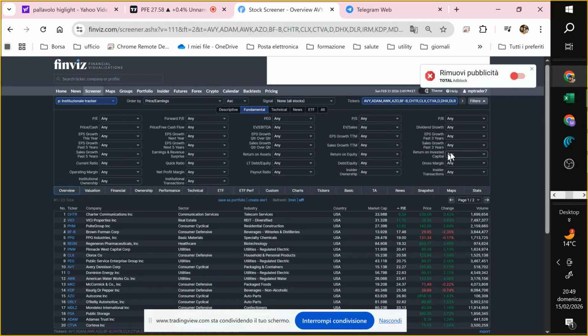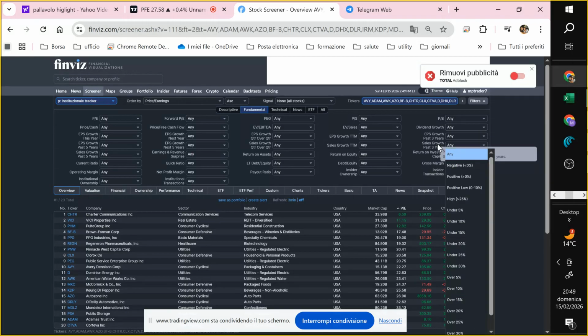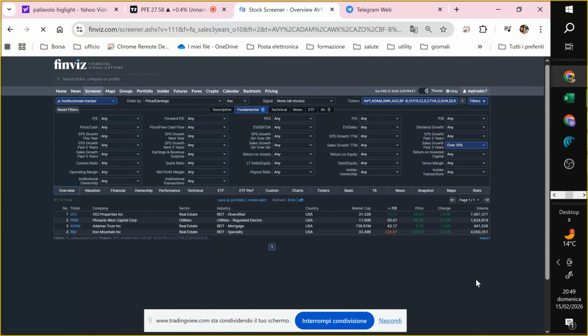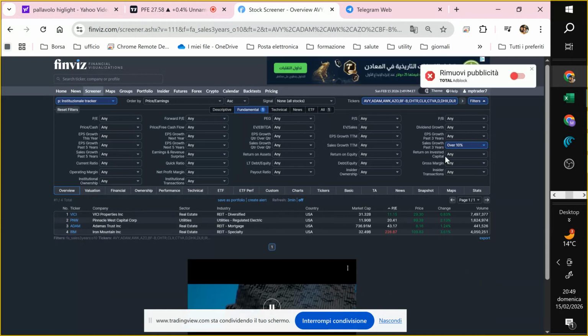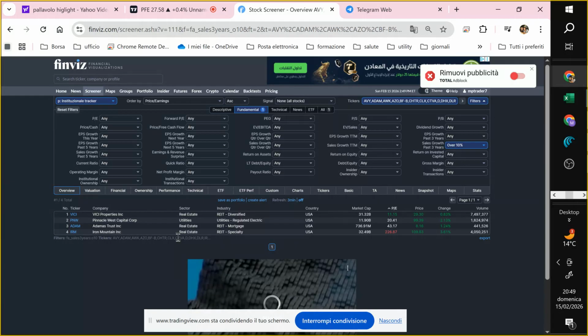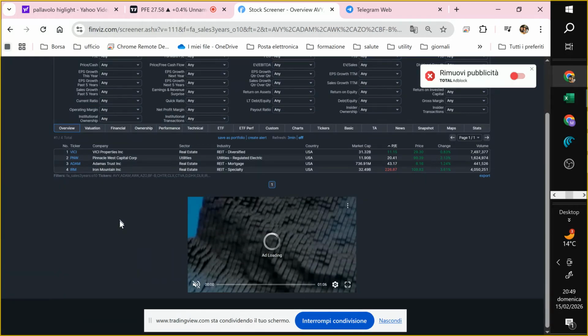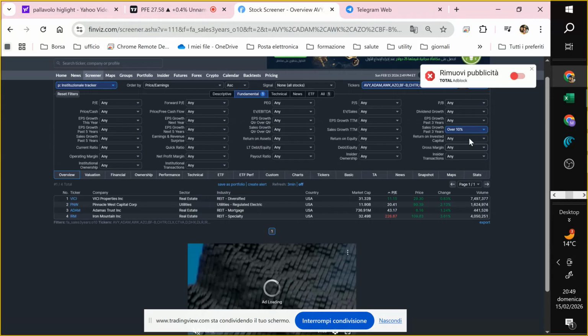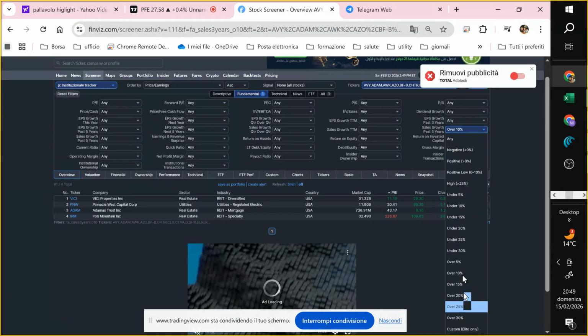Most important, for example, we select a parameter such as sales growth past year, and we want this value to be over 10 percent. You notice that we have selected four stocks, four tickers.